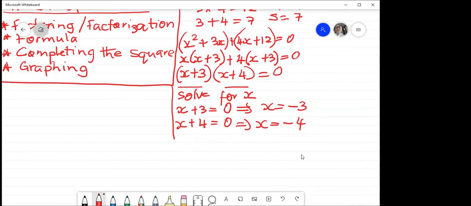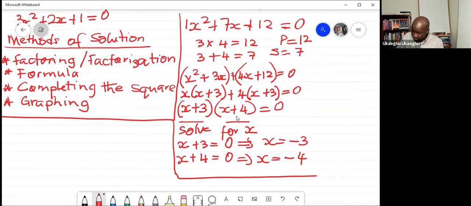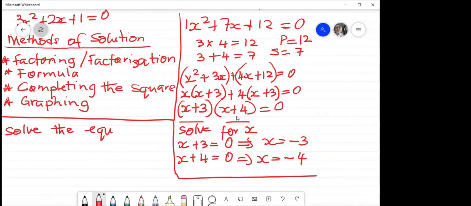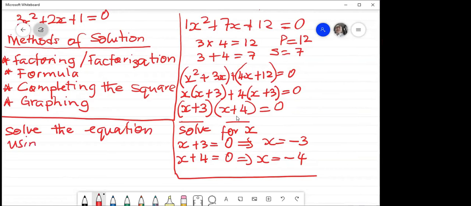All right. So that's a way of solving this by factoring. Now, how about solving the same equation by formula? So let's solve the same equation by formula, okay? So I can write solve equation using formula.